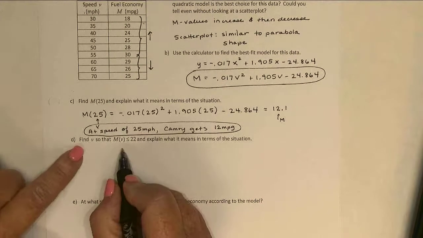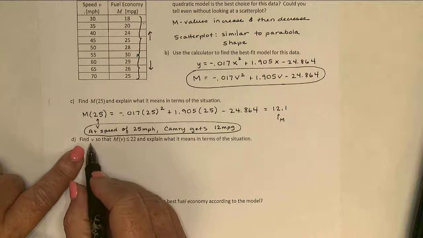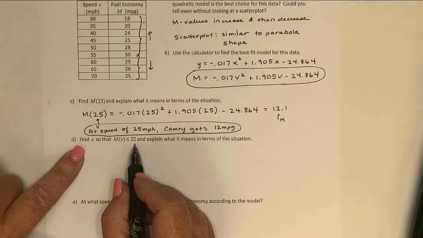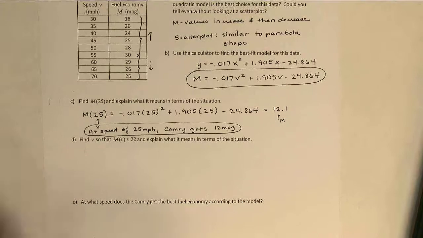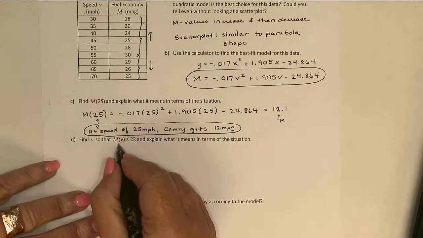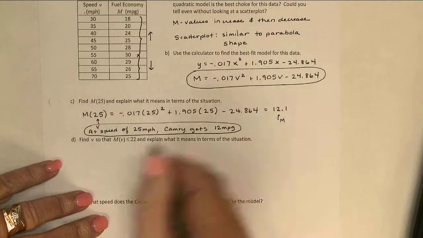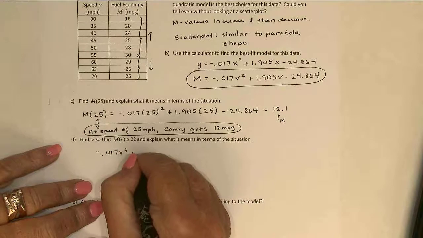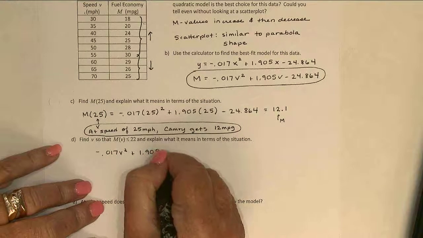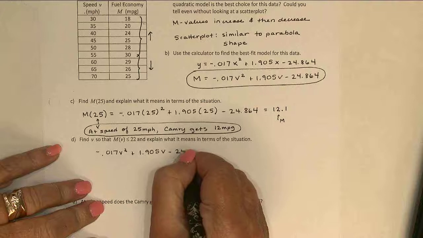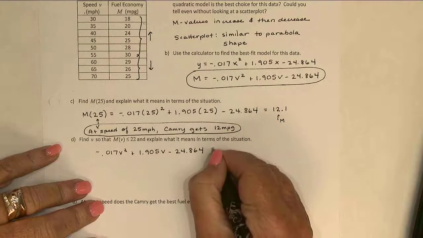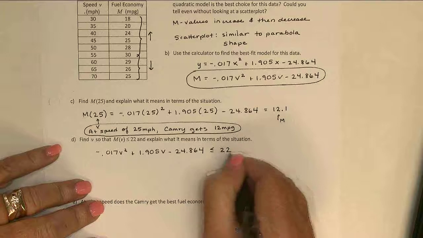All right. D, find V so that M of V is less than or equal to 22, and explain what that means. So let's see. M of V is this equation right here, and I want that to be less than or equal to 22.